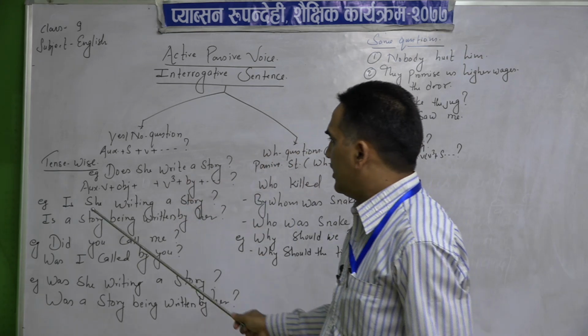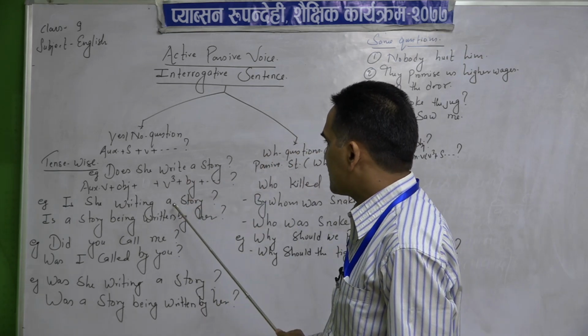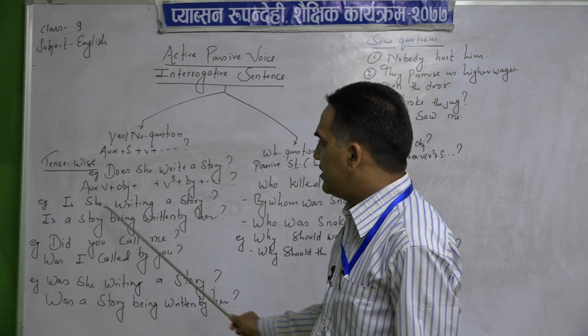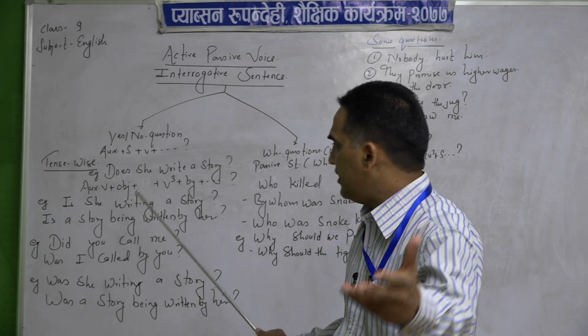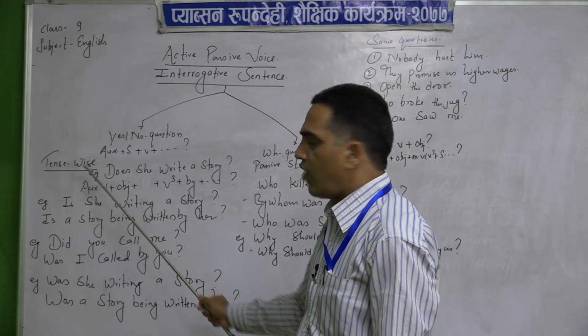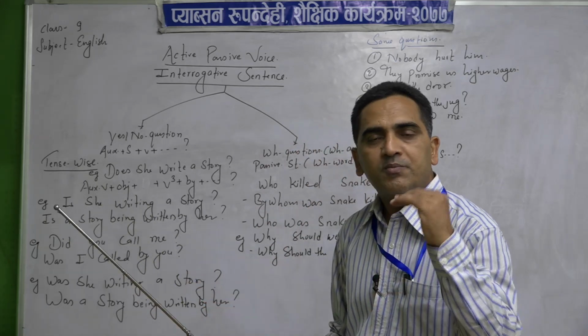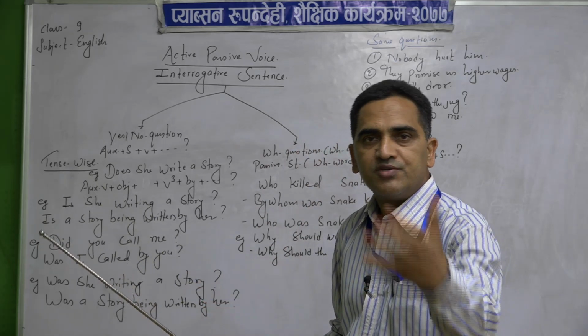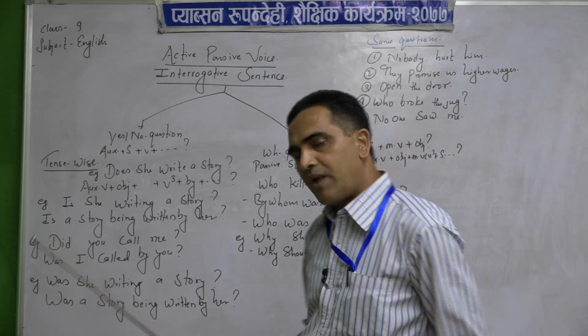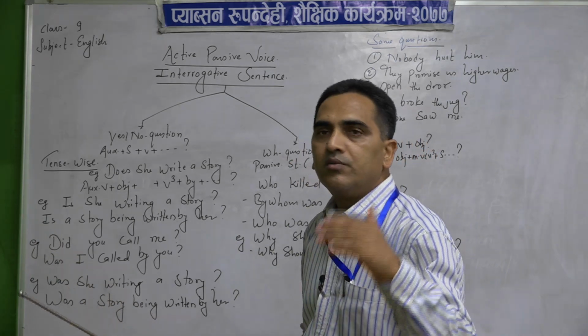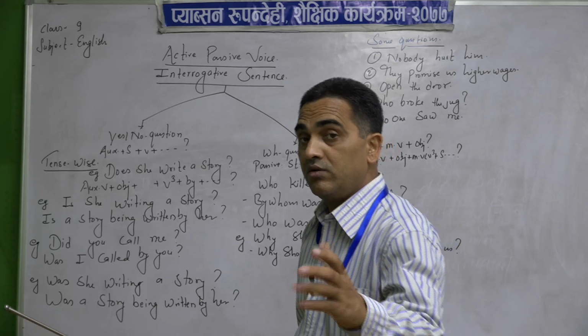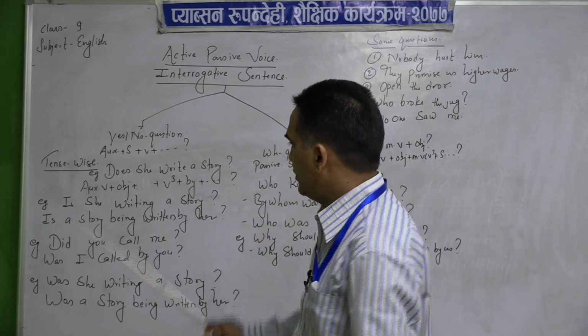For example, is she writing a story? It is written in present continuous tense. You have to study tense-wise: simple present, present continuous, present perfect, simple past, past continuous, past perfect, simple future, future perfect.